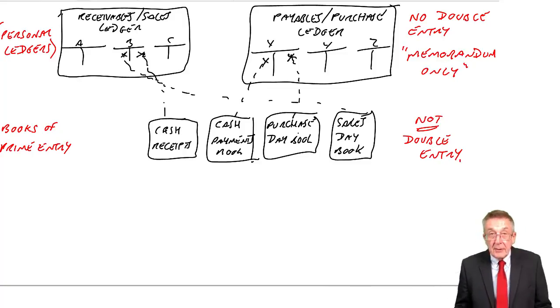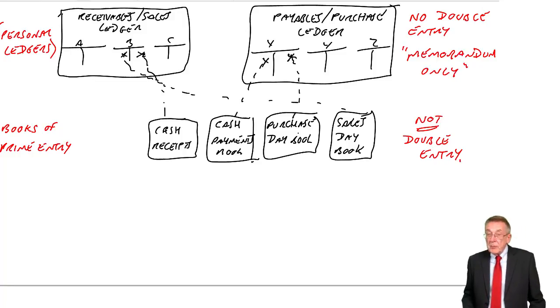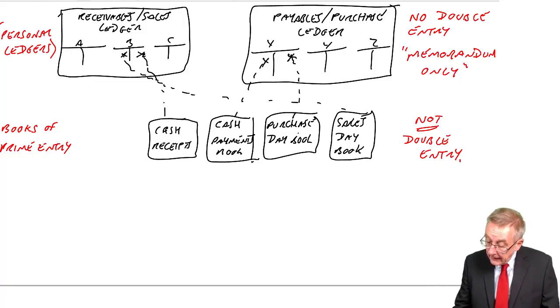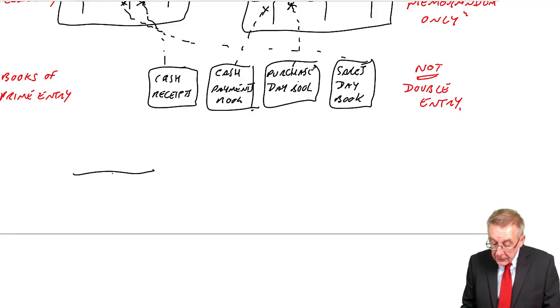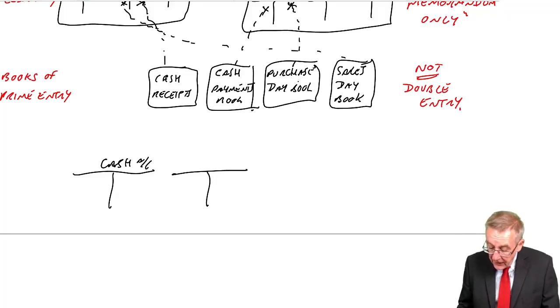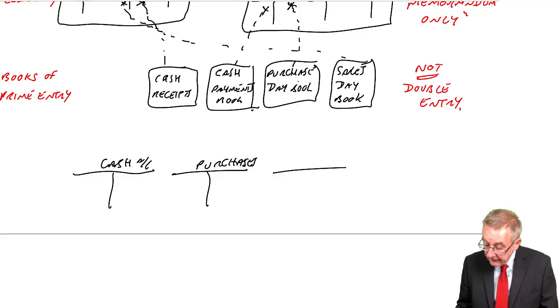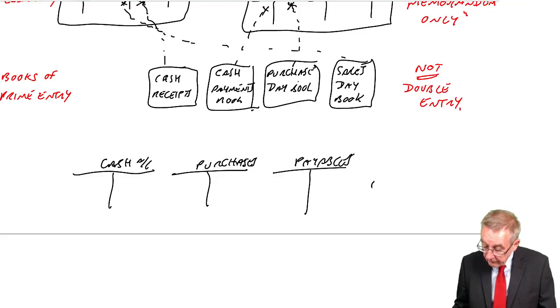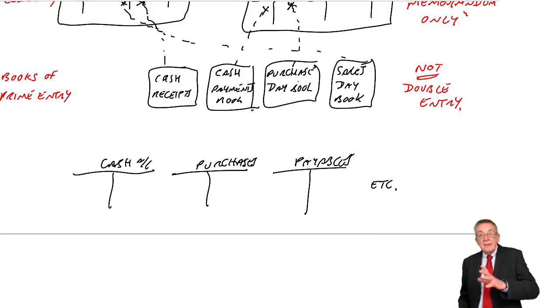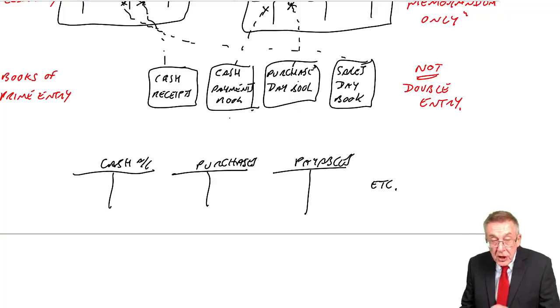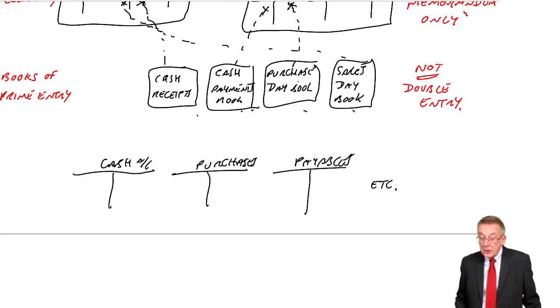At the end of the month, that's when we do the double entry. This is where we've got our real accounts. We've got the cash account. We've got the purchases account. We've got the payables account, and so on. And what do we do? We take the totals from these 4 books.